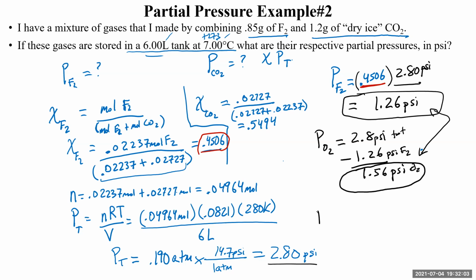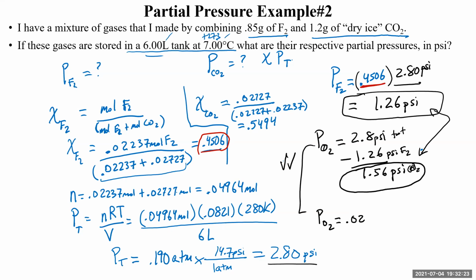But let's double check ourselves and see if our math is correct. So double check. We should get 1.56 also by multiplying, oh no, I'm sorry. Why am I saying O2? CO2.